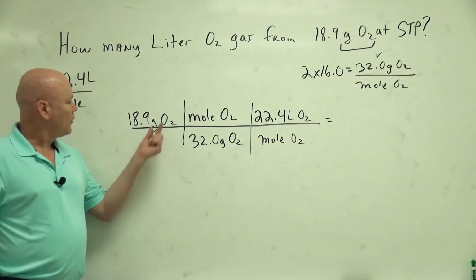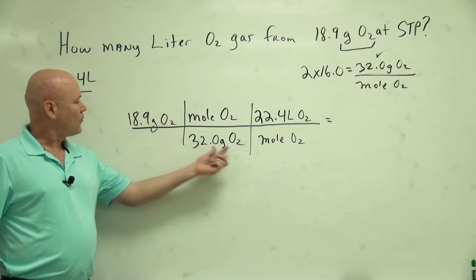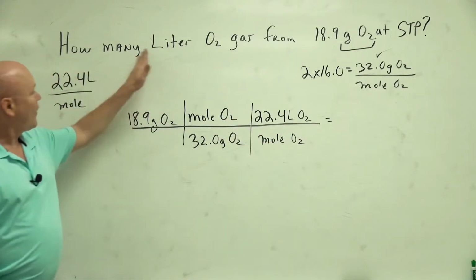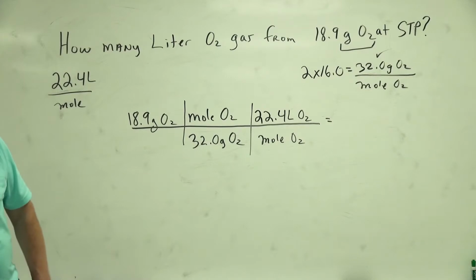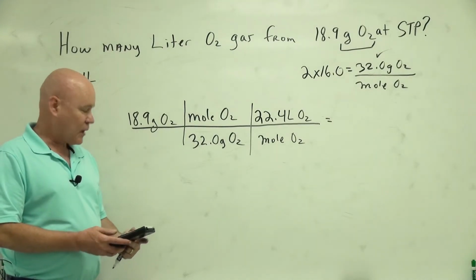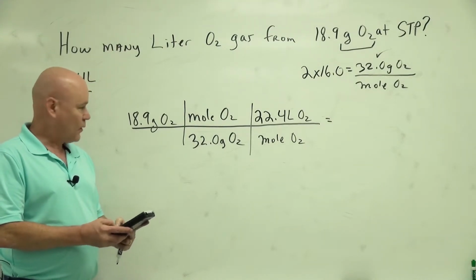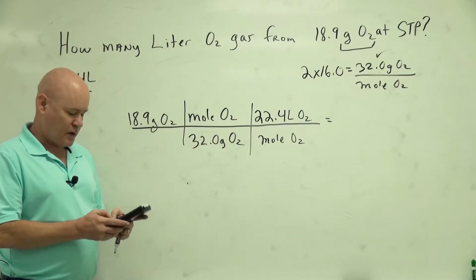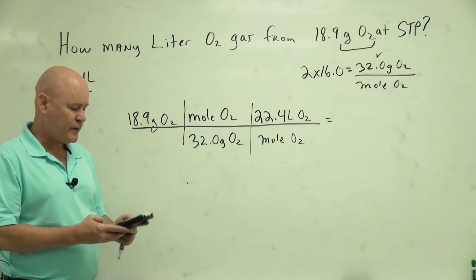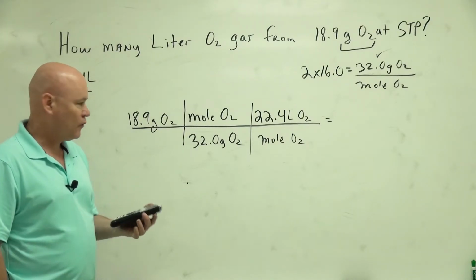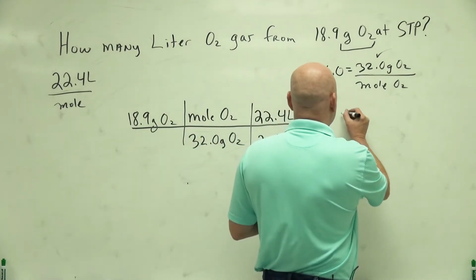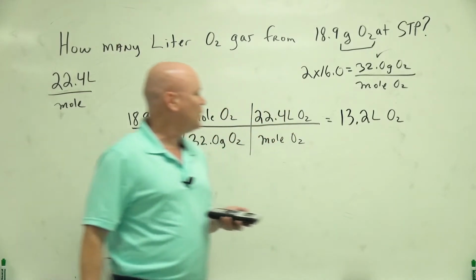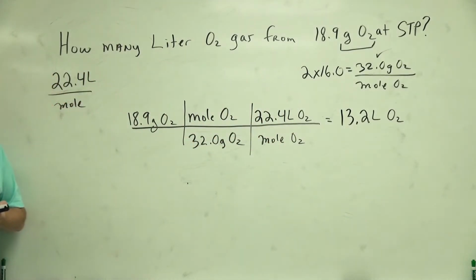Now we should always check to see that units cancel: grams oxygen, moles oxygen, moles oxygen. I'm left with liters oxygen, and that is indeed what I'm looking for, and there it is. And so let's put it in our calculator. Got 18.9 times 22.4 divided by 32, and I get 13.2 liters oxygen gas.